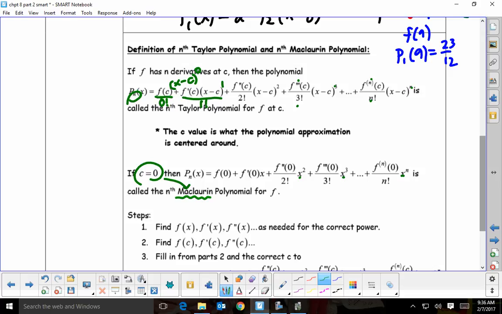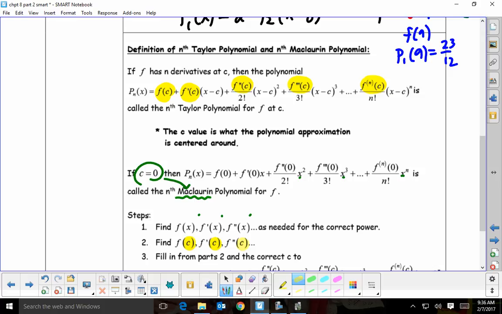Okay, so these are the steps you're going to take. You're first going to find your derivatives as far out as needed. Then you plug in your C values into those derivatives. So then you'll have this, this, this, this, and this once you find those.